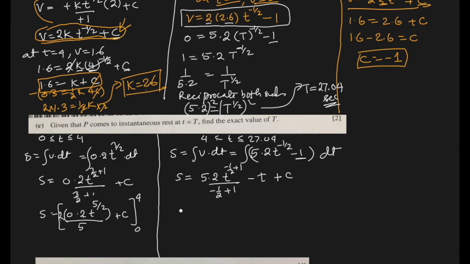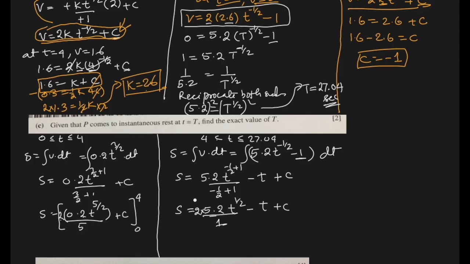Okay, s equal to 5.2 t to the power minus half plus 1, positive half, and positive half here also, 1 over 2, minus t plus c.